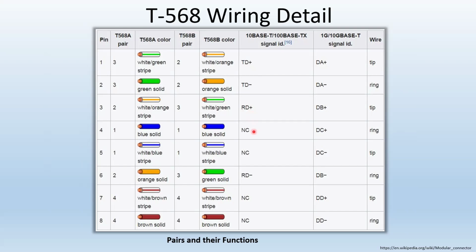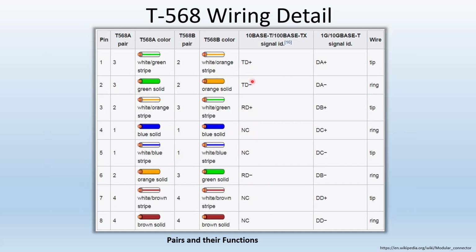This is Cat5e. You could see that pair 1 is not connected, so blue is not connected, and brown is not connected. It's not used. All right. Now, that's up to Cat5e. Cat5e only uses the orange pair and the green pair.